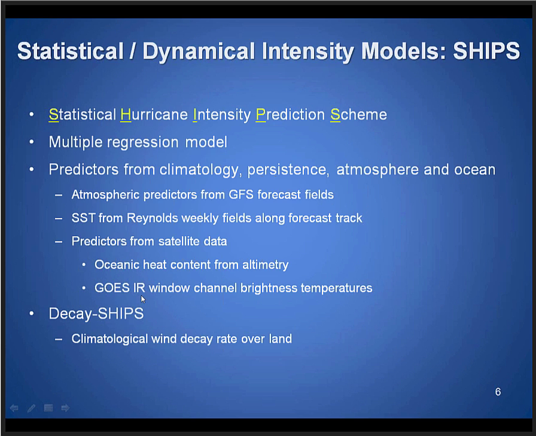More recently, in the last few years, they added a component to look at the convective structure using the geostationary infrared imagery to see how symmetric the convection is and how deep it is. And lastly, there's also a decay component: if the track you're using this for takes the storm over land, it knows to weaken it fairly quickly.